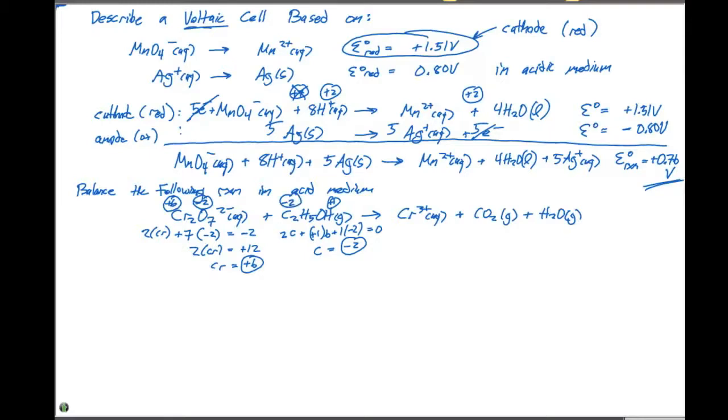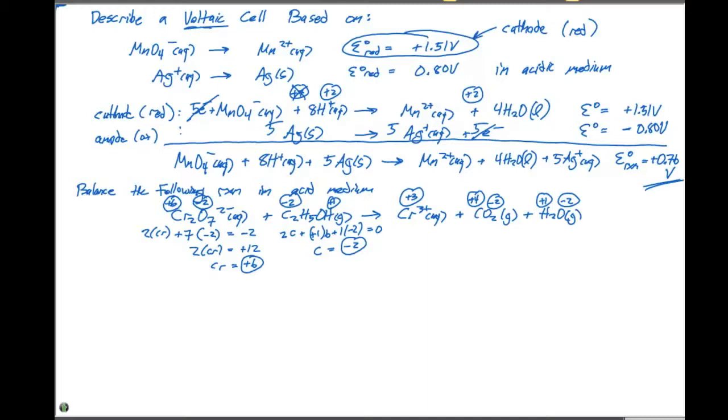If we have a species like chromium as an ion in solution, its oxidation state is equal to the charge on the ion. So the chromium here is going to be +3. In CO2, the oxygen is going to be -2, and here the carbon must be +4. And then with the water, hydrogen is going to be +1, oxygen -2.